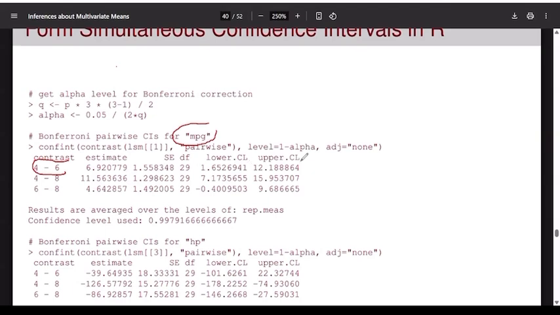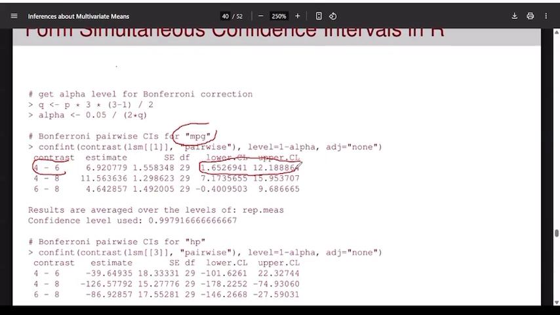How am I going to know? I will look at the lower bound and the upper bound. If zero lies within, there's no difference. But here zero doesn't lie within it: positive to positive, zero doesn't lie; negative to negative, zero doesn't lie. It means the difference that exists is between four-cylinder and six-cylinder.